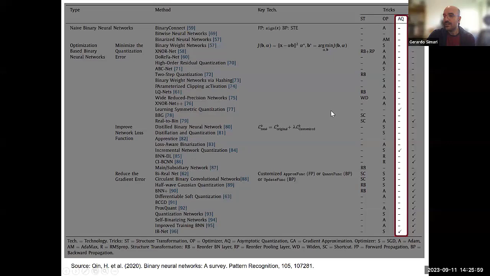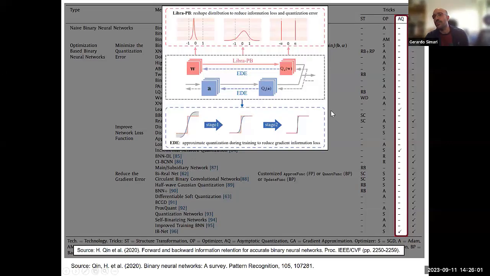Adaptive quantization. This is a pretty interesting one, where you can do the quantization in stages, instead of going full binary in one go.